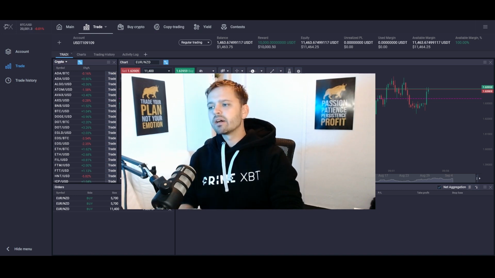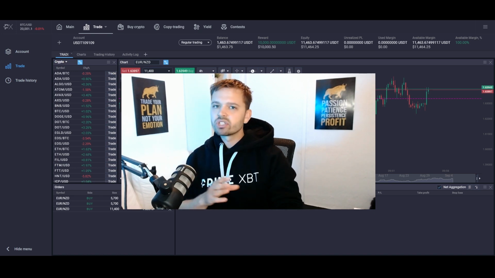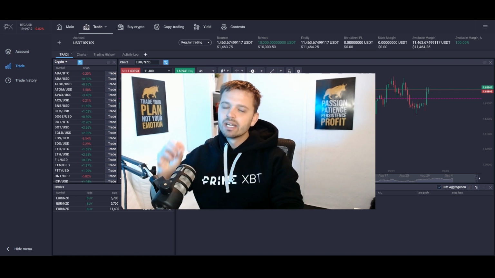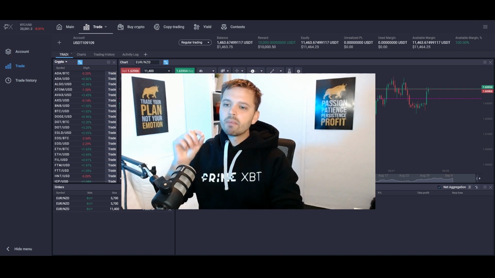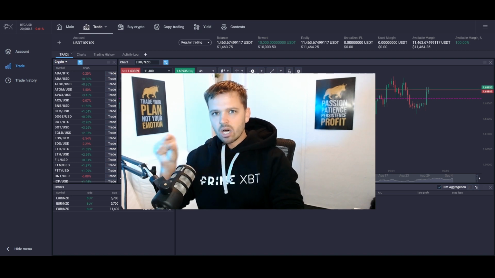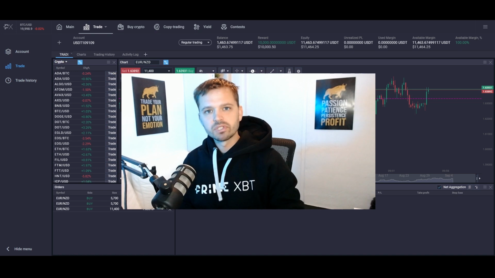I think they offer as much as 100 times leverage, and it's cross leverage, or your whole account is leveraged. So be careful, right? You can risk your whole account and you might lose it all if you're not careful with the risk management. So remember to hit that stop loss button and check the projected loss in USDT and make sure that that never goes above 1% of your account.